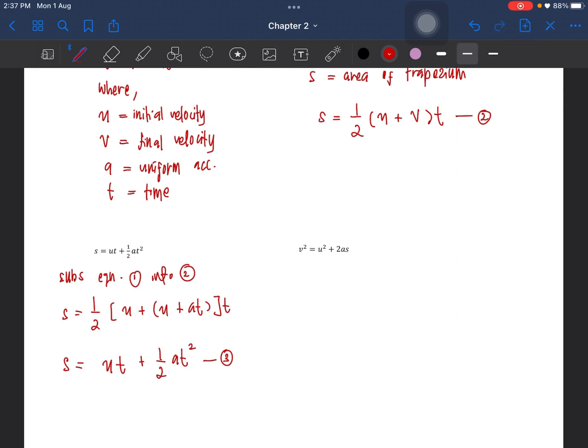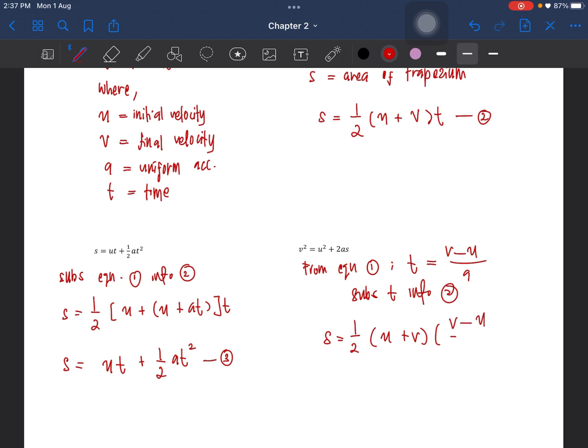And then lastly, from equation 1 we can get an expression for t, which is v minus u divided by a. We then substitute this t into equation 2, which is s equal to half (u plus v) t.